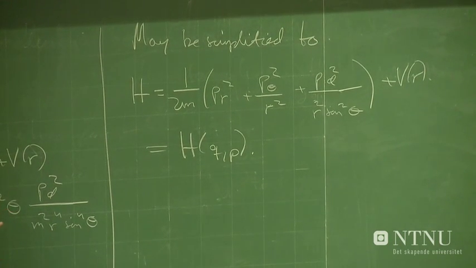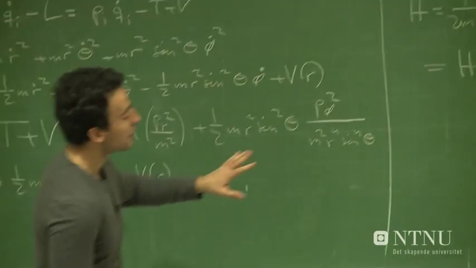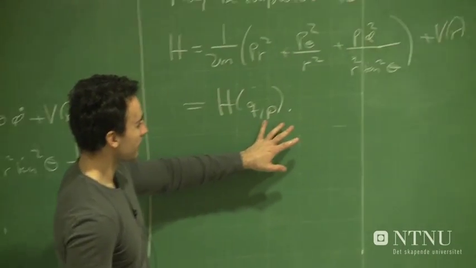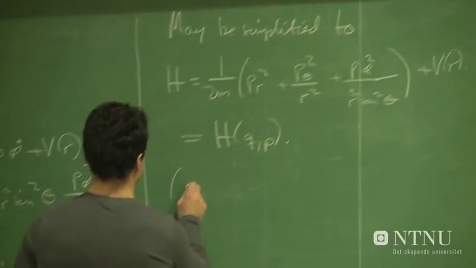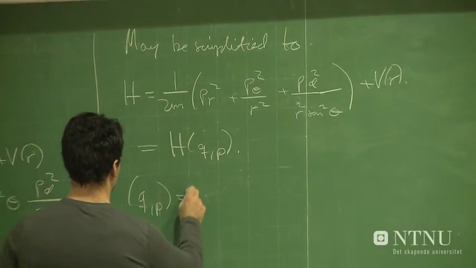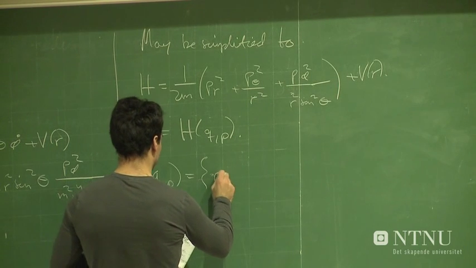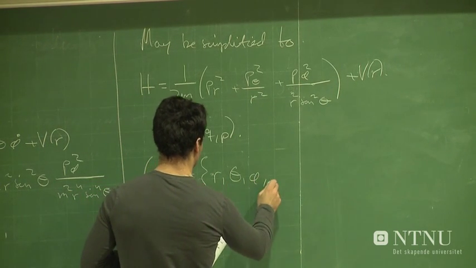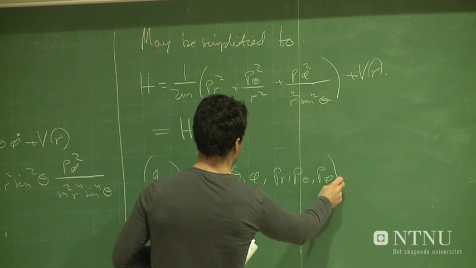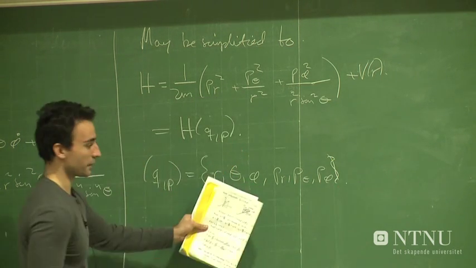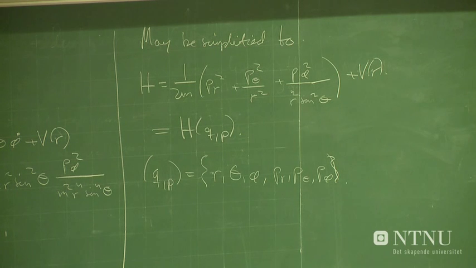So the bottom line here is that we've expressed the Hamiltonian as a function of q and p, where these are the variables, to be more specific.